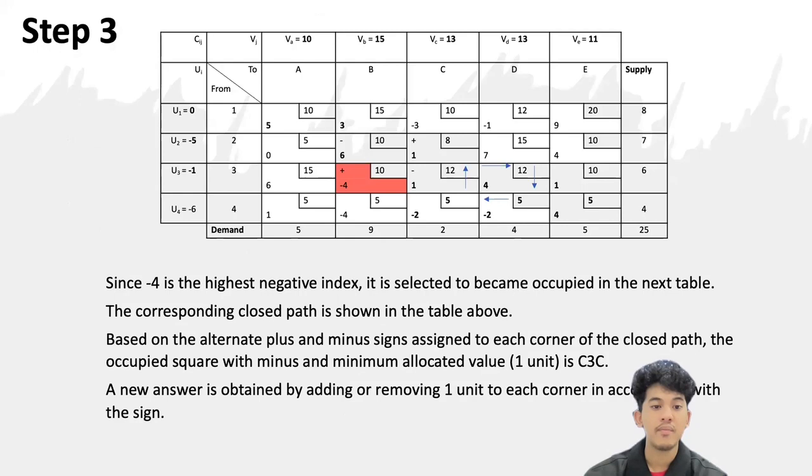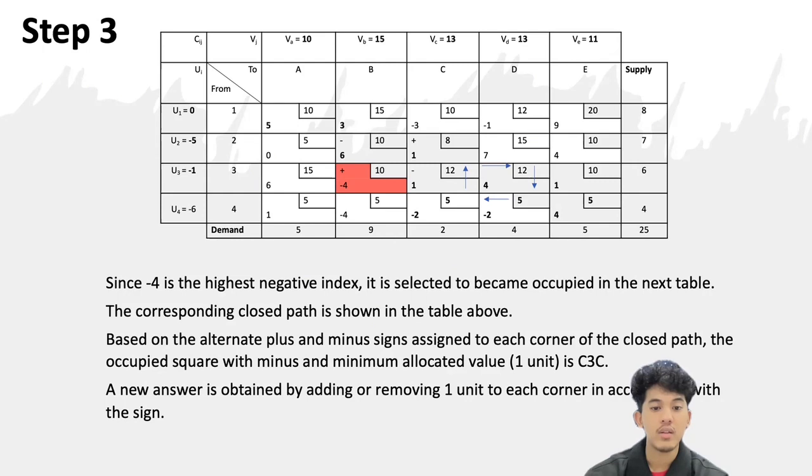So for the next step, since -4 is the highest negative index, it is selected to become occupied in the next table. The corresponding closed path is shown in the table above.